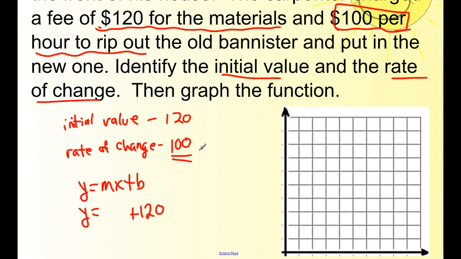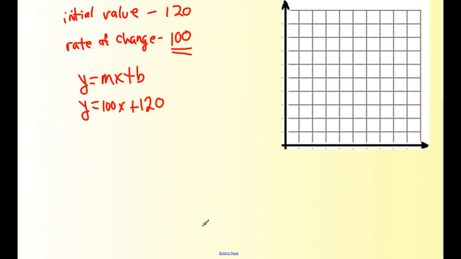Our rate of change, how much it's changing every hour, that is our slope. And because this rate of change is increasing, every hour he's going to add more money, the cost is going to keep increasing every hour. We know this rate of change is going to be positive. All right, so now we have an equation.